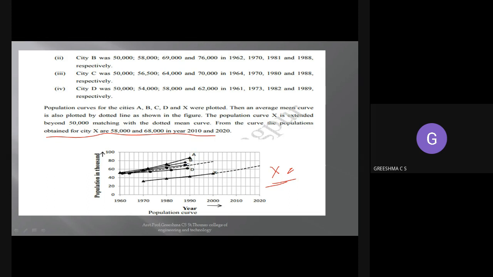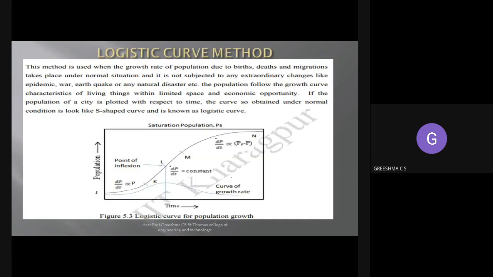You compare with the already available graphs and plot a graph. That is the comparative graphical method.